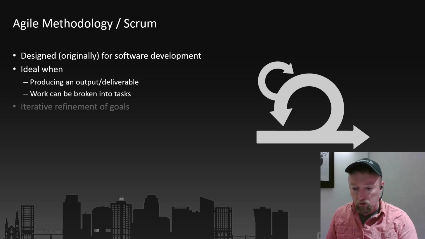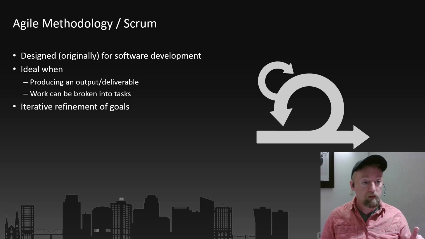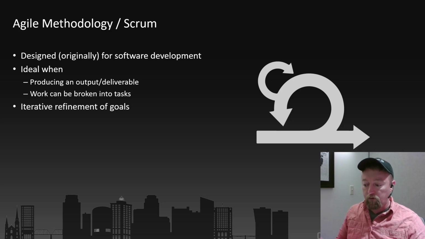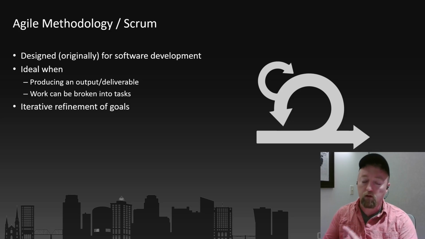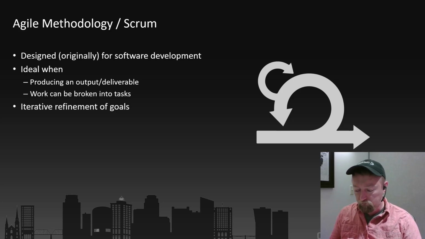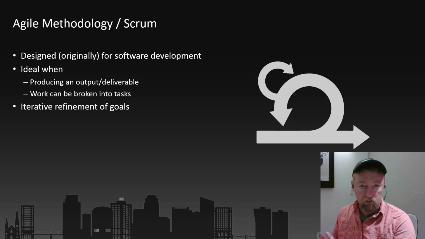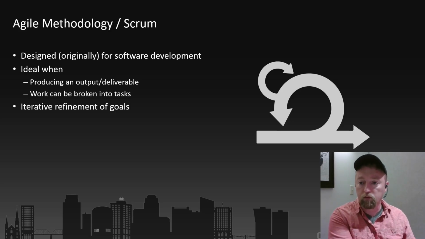So, agile is all about an iterative refinement of goals. Basically, what it means is we recognize that at the start of a project, at the start of a body of work, maybe we're talking about a product line. In fact, I'm probably going to keep referring back to the development of a product line just because it's an easy way to talk. The initial understanding of that body of work might not hold true for the entire development timeline, right?